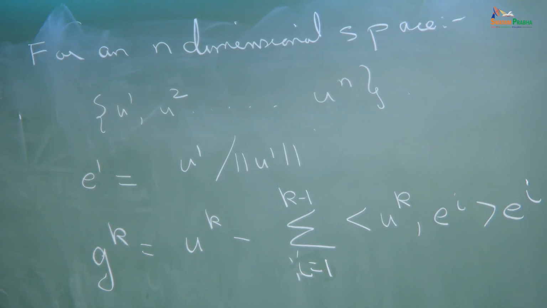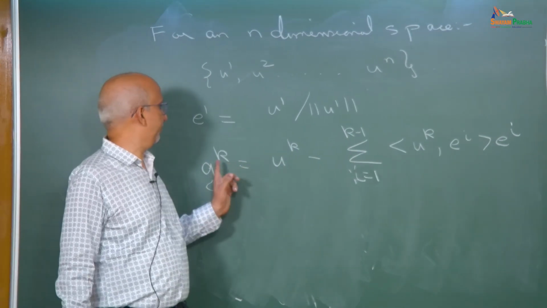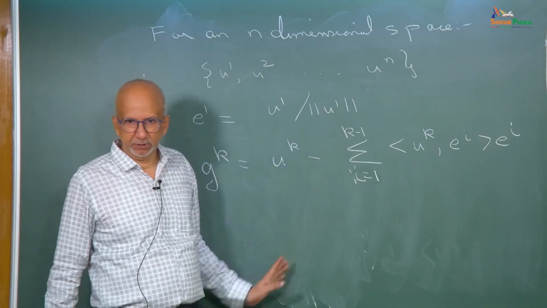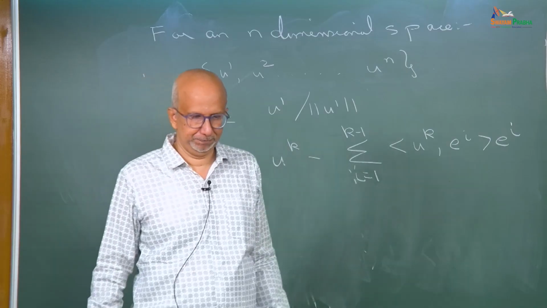Okay. So that is the general formula which you have. I am summing over i. So when I have 2, I have only 1 term. When I have 3, I have 1 and 2, 2 terms. For 4, I have 3 terms. I am taking more and more projections.